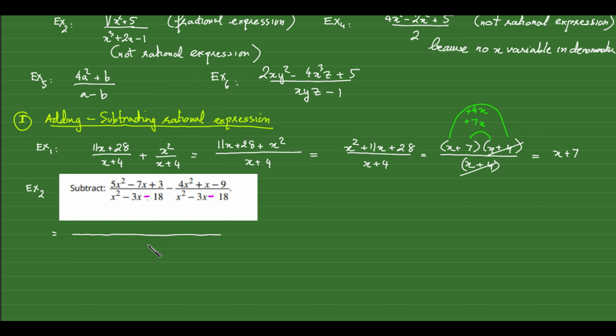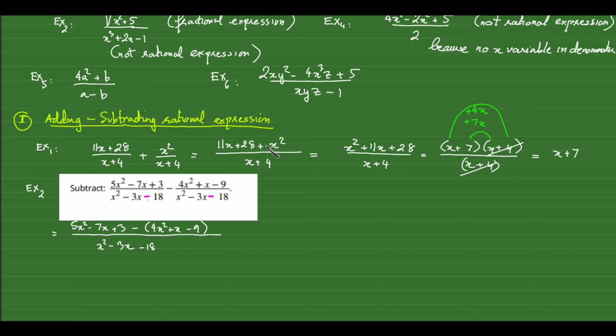So it will be x squared minus 3x minus 18. And I combine them. 5x squared minus 7x plus 3 minus 4x squared. You gotta put parentheses because this is subtraction of the whole thing. Okay, if you don't put parentheses, then everything will be wrong.